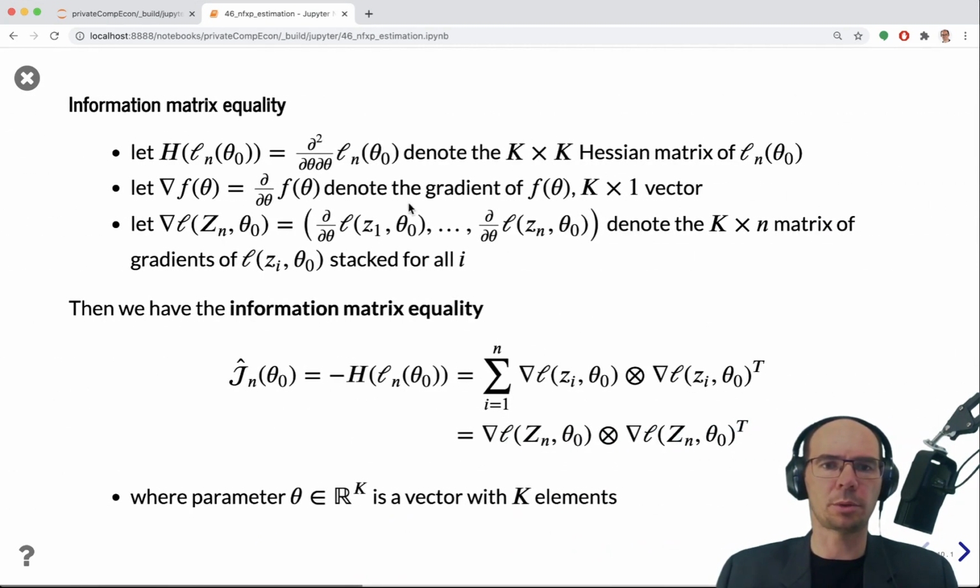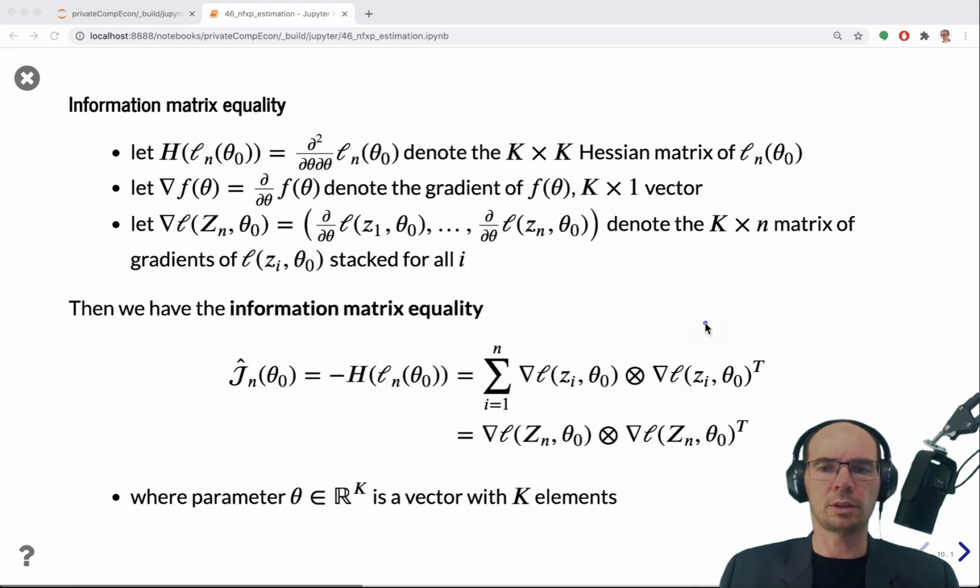And so, let's take the first derivative of each of these individual likelihood contributions. It's going to be a vector in each of these cases, right? If theta is a vector. And then we can stack those vectors to form the matrix of k by n, where n is the number of observations and k is the number of parameters in theta. And I'm going to denote that with nabla L of the whole data. And again, this is going to be k by n matrix.